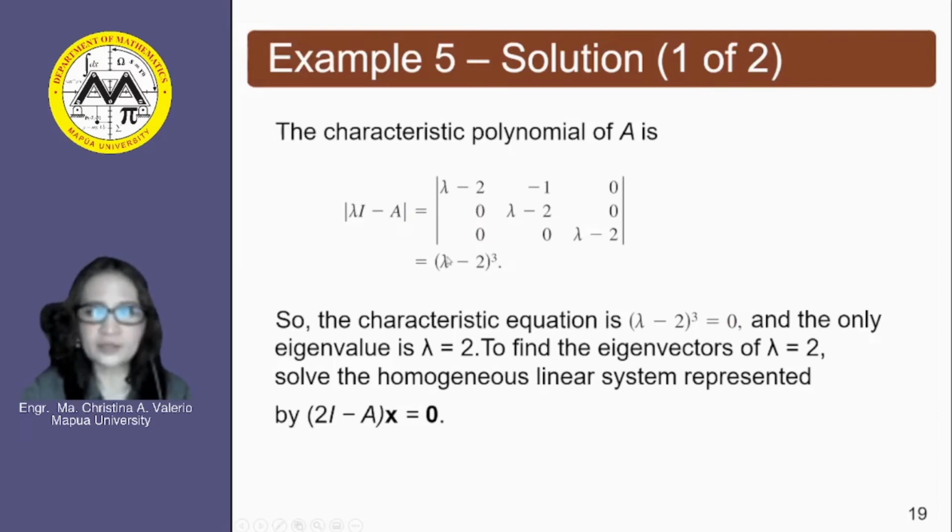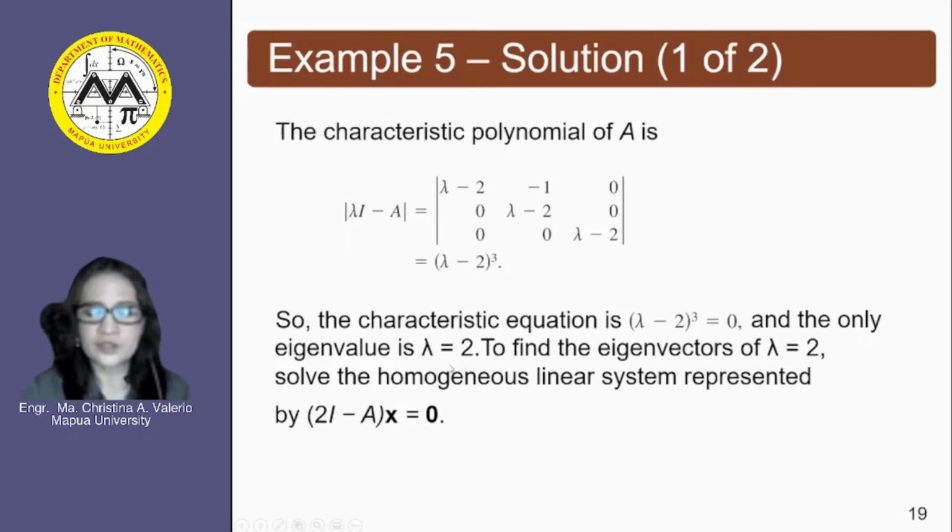Recall that the determinant of an upper triangular matrix, or a diagonal matrix, is simply the product of the elements in the main diagonal. So we will have lambda minus 2 times lambda minus 2 times lambda minus 2, or the cube of lambda minus 2. Equating it to 0, we see that lambda is equal to 2.